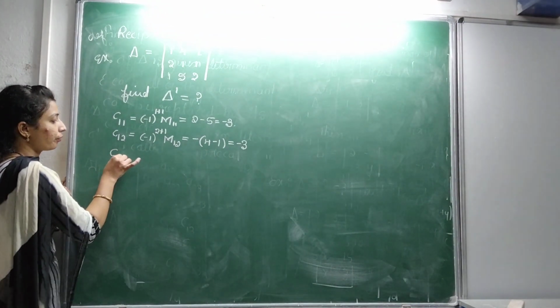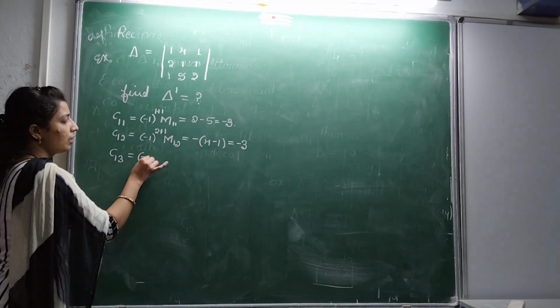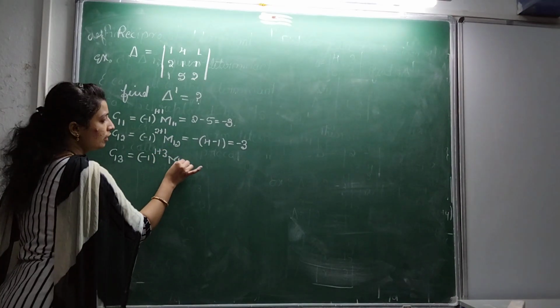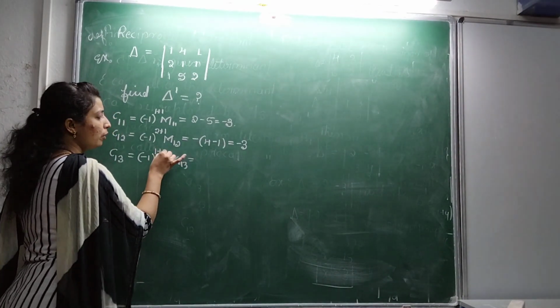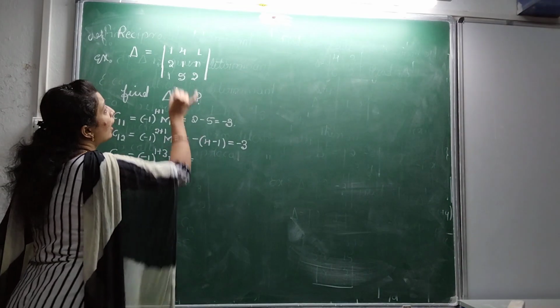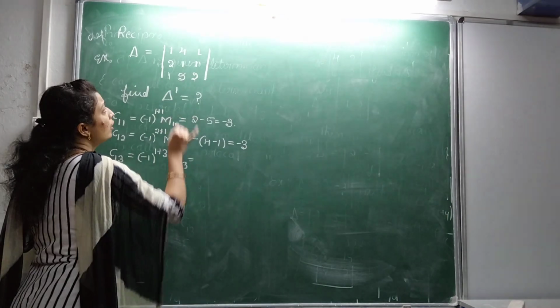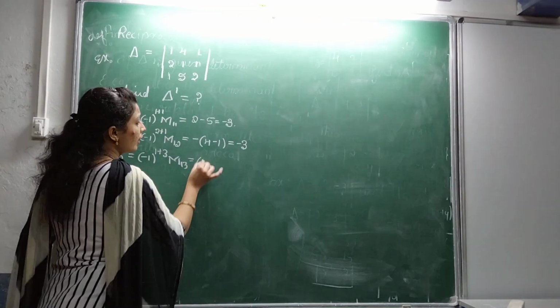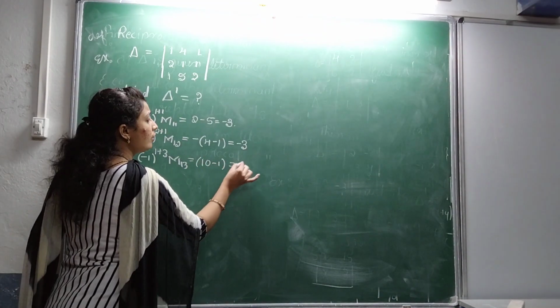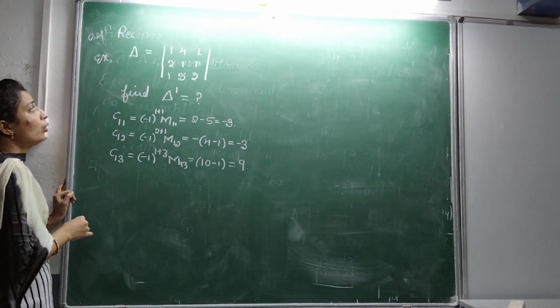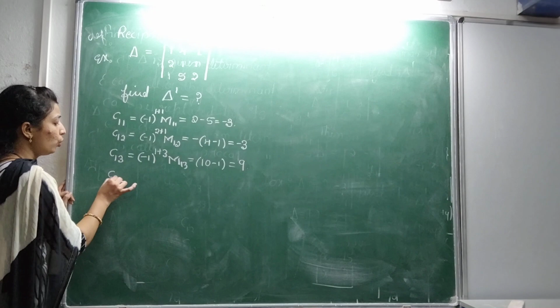Next C13: minus 1 to the power 1 plus 3 M13, which is minus 1 to the power 4, plus 1. Leaving the first row and third column, elements are 2 into 5, 10, 10 minus 1, it is 9.